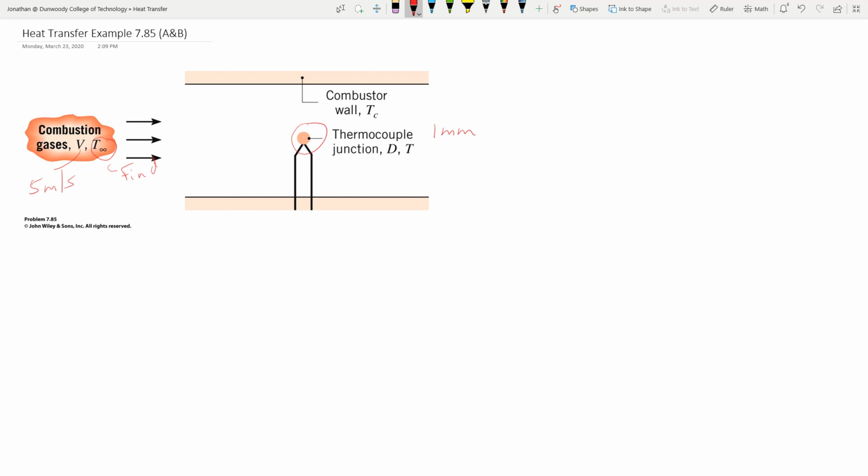So what are our knowns? Velocity of exhaust gases, diameter of the thermocouple, and we know the combustor temperature.